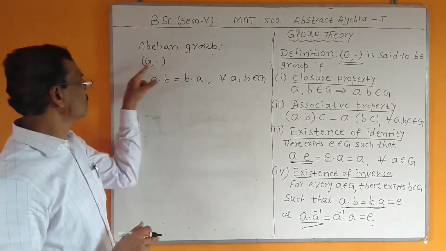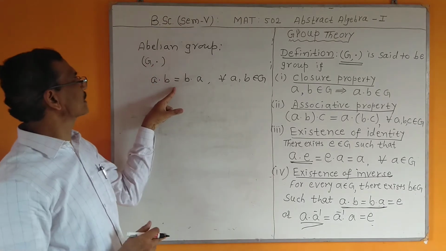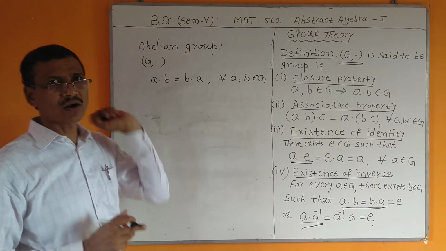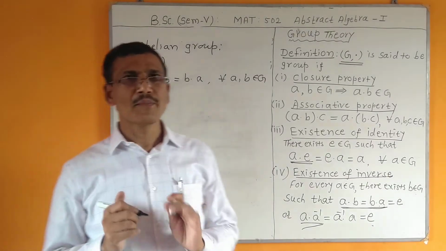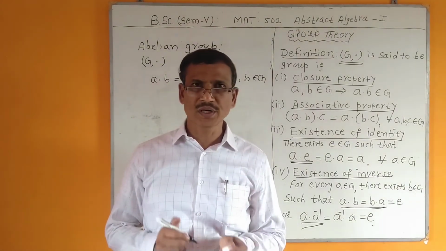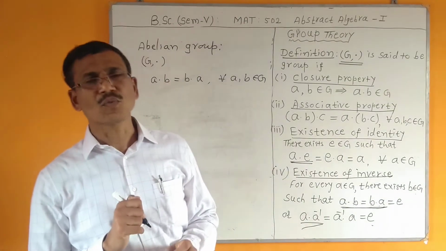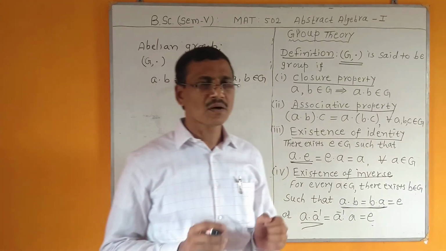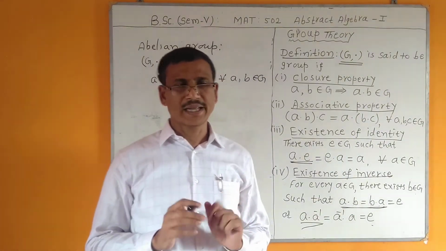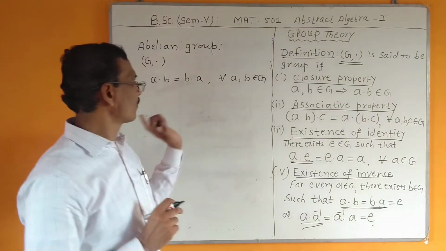That means in a group (G, dot), if commutative property is satisfied, then this group (G, dot) is called an abelian group, or it is also called a commutative group. Other names: abelian group or commutative group.